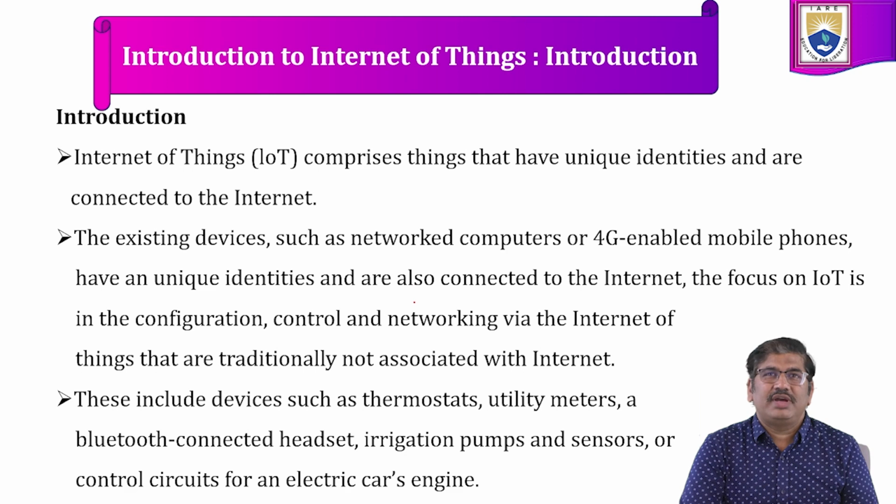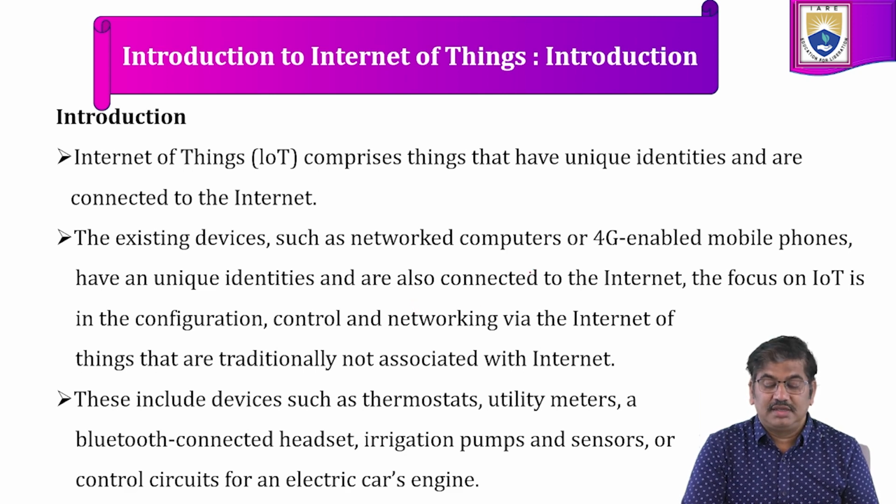The existing devices such as networked computers or 4G enabled mobiles have a unique identification and are also connected to the internet. The focus of IoT is on the configuration, control, and networking via the internet of devices that are traditionally not associated with the internet.